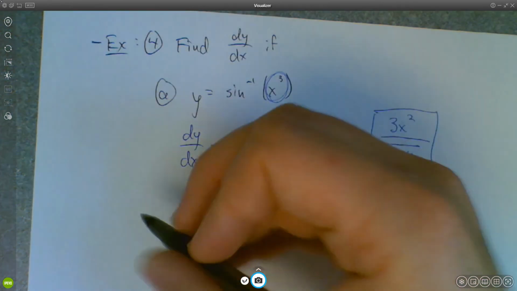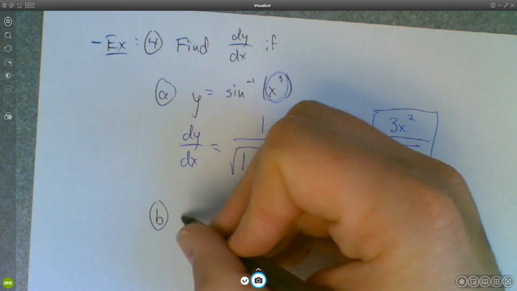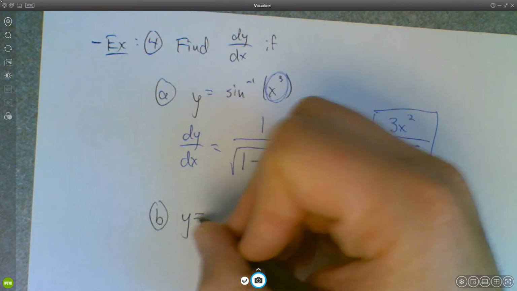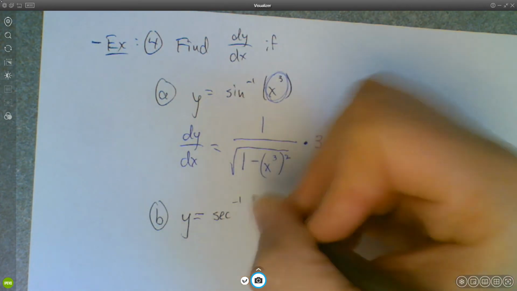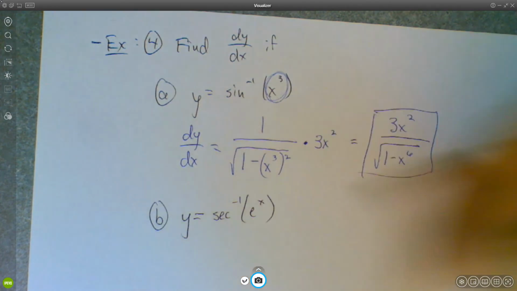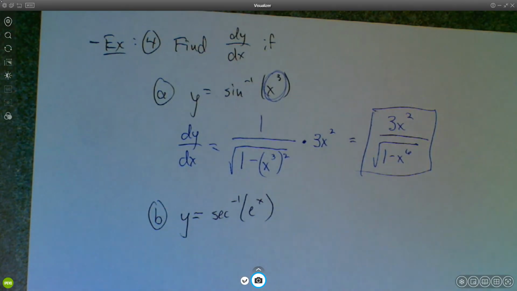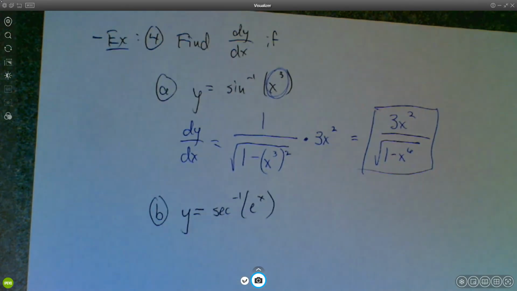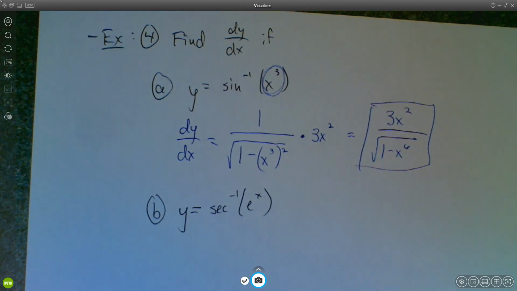Okay, let me give you another example. Let's do y equals secant inverse of e to the x. I'll let you give the video a pause. Go ahead and try that one out and see if you can find that derivative.